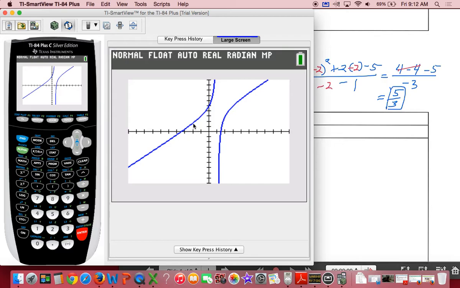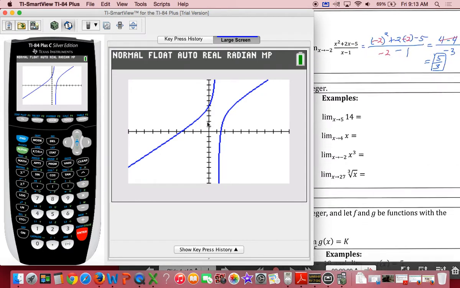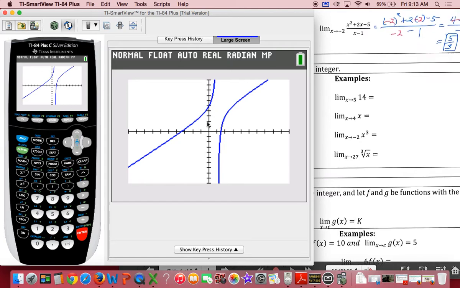That at -2, go up to your graph at this value right here. If I go over and look at the y value, it's about 1 2/3. Now if we hadn't used direct substitution, would we have guessed 5/3 as the limit? Would we have been able to get 5/3? No, that would have been very difficult. So the graph doesn't always give you an exact answer. So before we do any more examples, let's talk about some properties of limits.